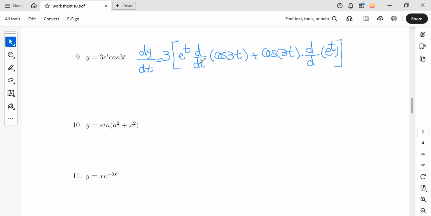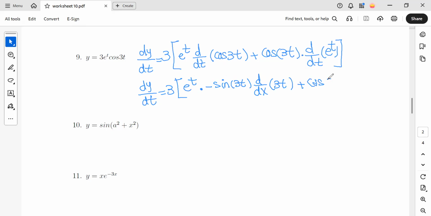So t here, t here, t here. dy dt would be 3 times e to the t, the derivative of cosine 3t is negative sine of 3t times the derivative of the inside, which is 3t, plus cosine of 3t times the derivative of e to the t, which is itself.